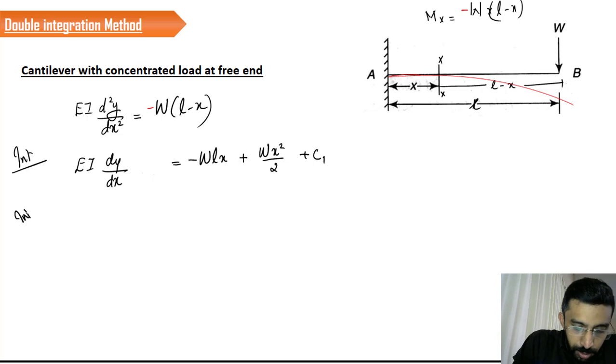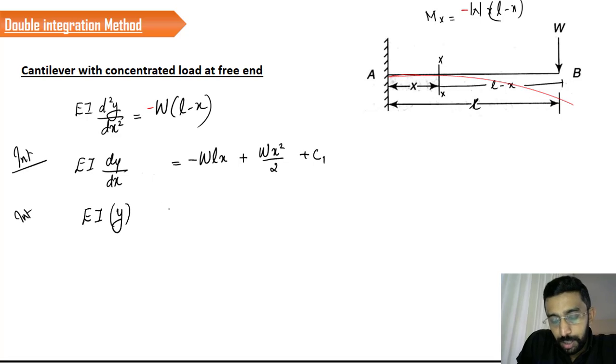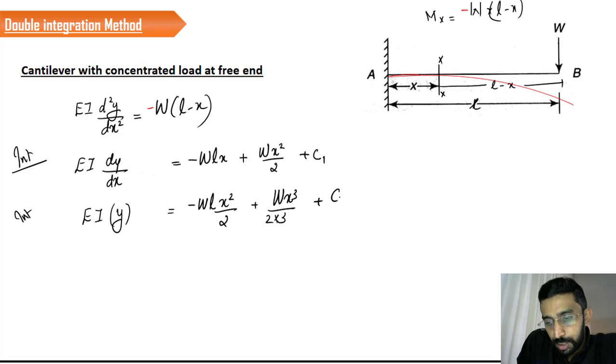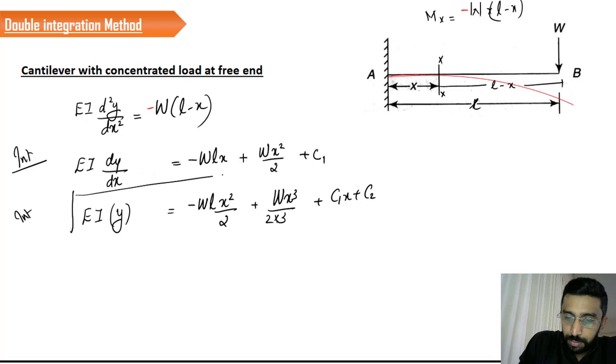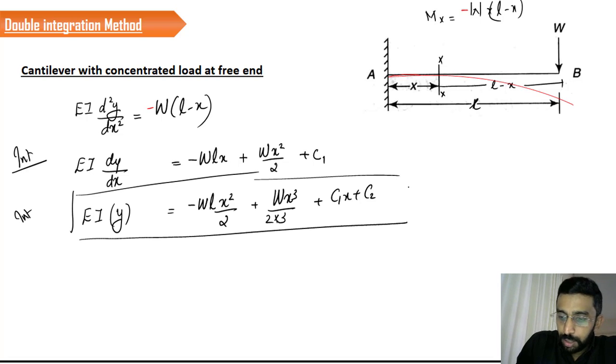Again, I am integrating it. So what I will get, EI into y equal to minus W into L into x square by 2 plus W into x cube by 3 into 2 plus c1x plus c2, right? This is a general expression of a cantilever beam, right?